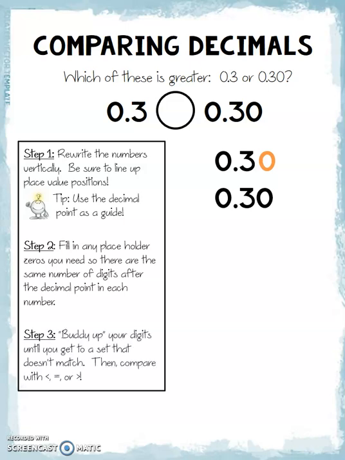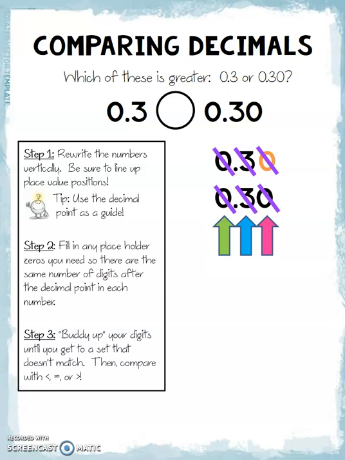Finally, I'll go place value position by place value position to buddy up my digits. In the ones place, I have a 0 in both my numbers, so that particular place won't help me. In the tenths place, I have a 3 in both my numbers, so that digit won't help me. Finally, in the hundredths place, I have the digit 0 in both numbers.